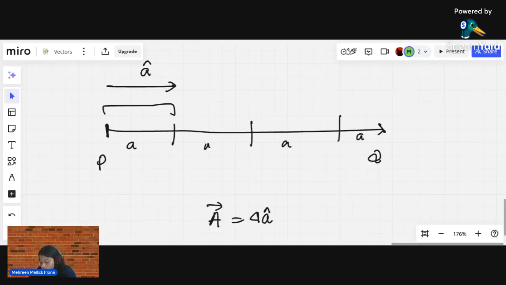And if the unit vector along this PQ, or direction of A, is A prime, then our value of A, which we previously wrote as 4A, would be 4A prime.